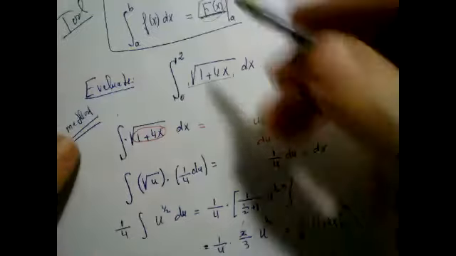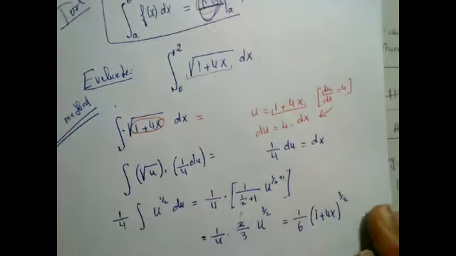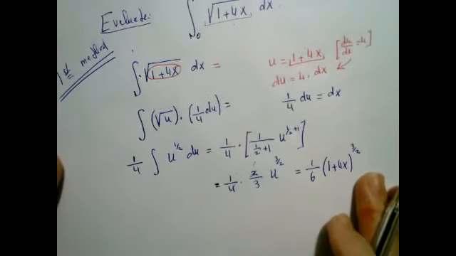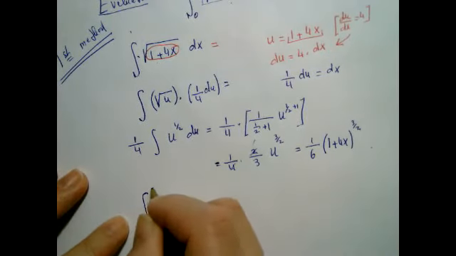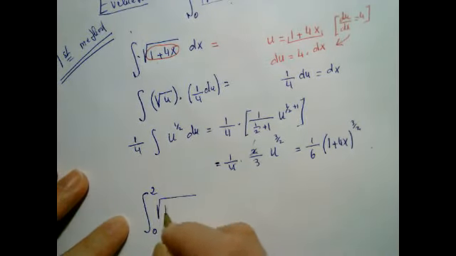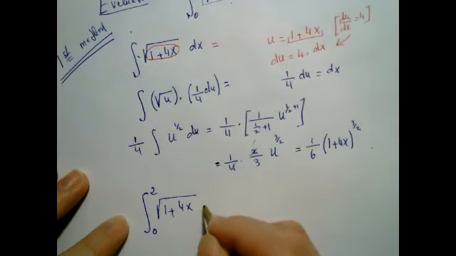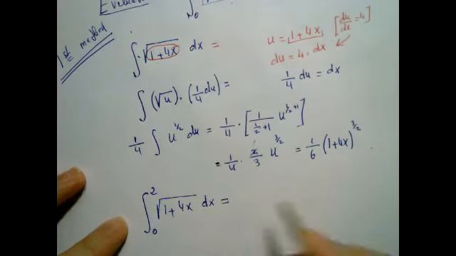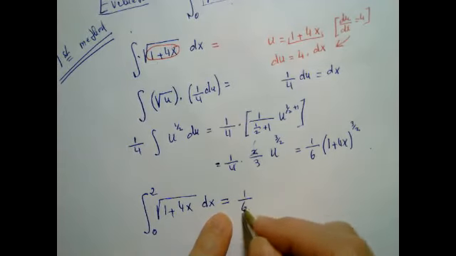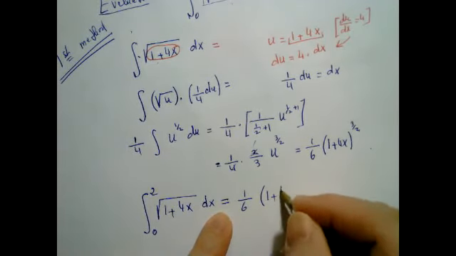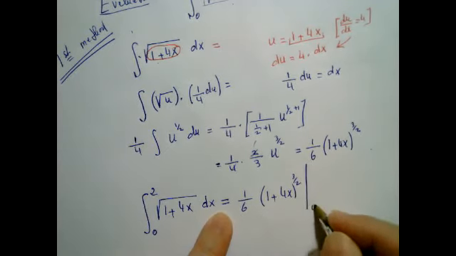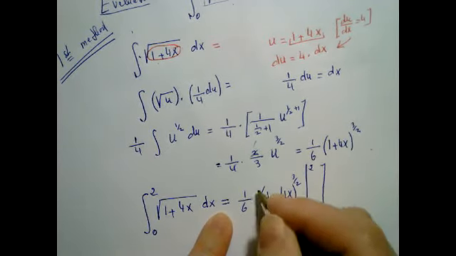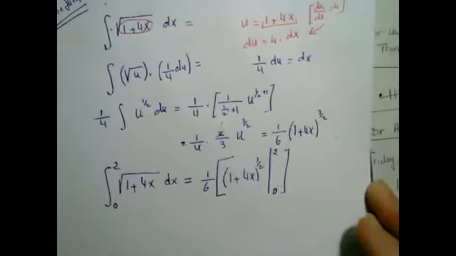So now I'm doing that only. Now, since I found the antiderivative, I apply the fundamental theorem. So now the integral from 0 to 2 is equal to 1 over 6 times 1 plus 4x to the power 3/2 evaluated between 0 and 2.